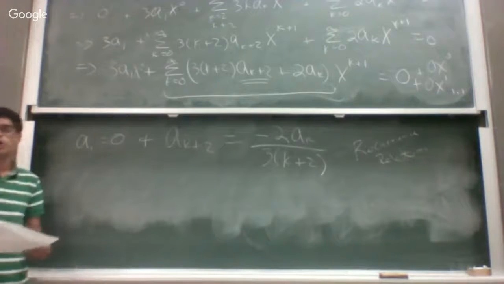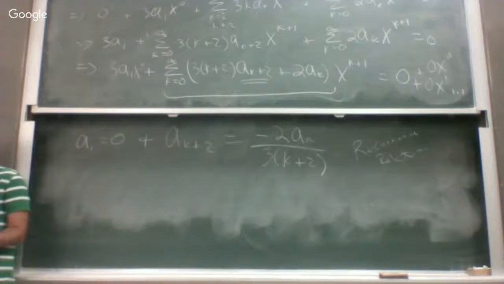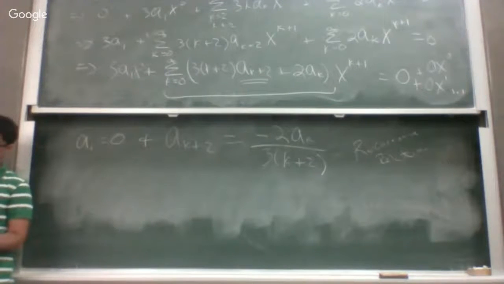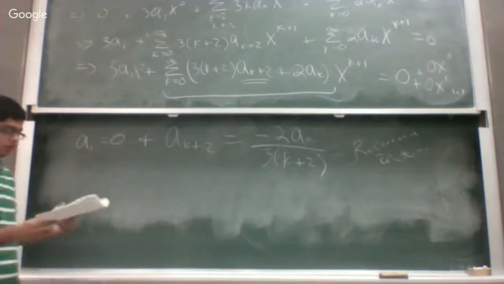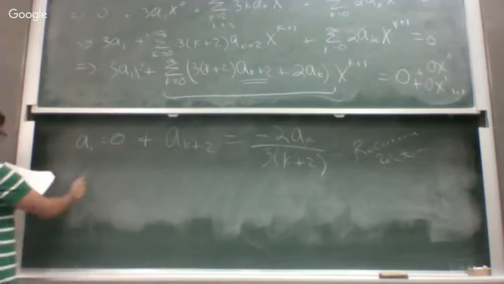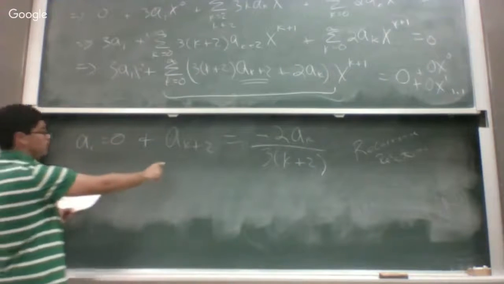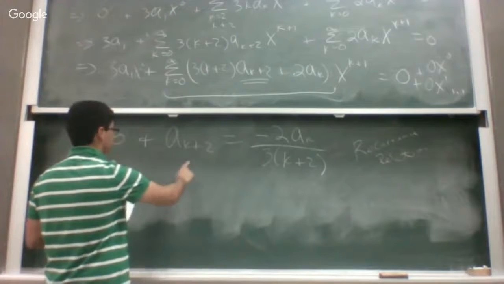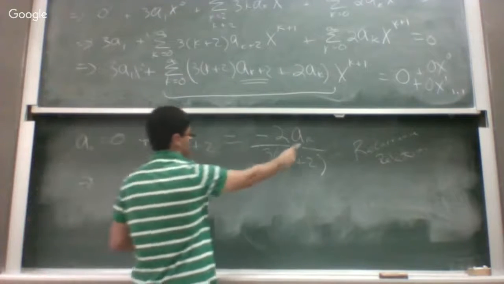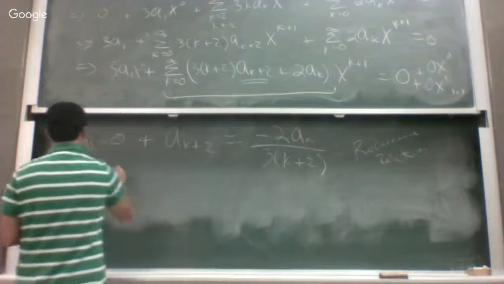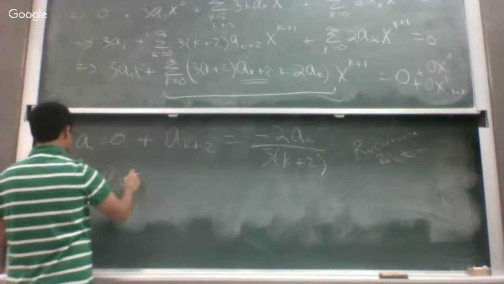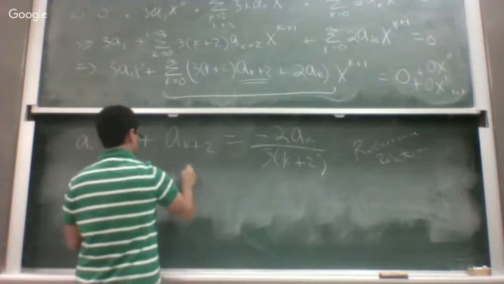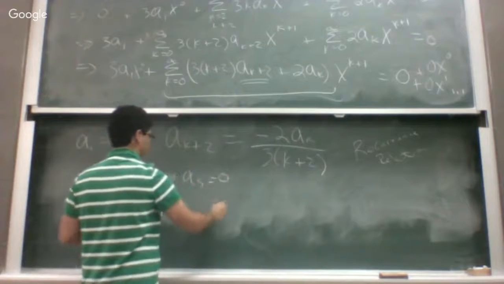Okay? And then the problem also asks us where a sub k equals 0. We know a sub 1 is equal to 0. And just by looking at it, if you were plugging in a 1 here, a sub 3 would be equal to 0, and a sub 5 then would be equal to 0.